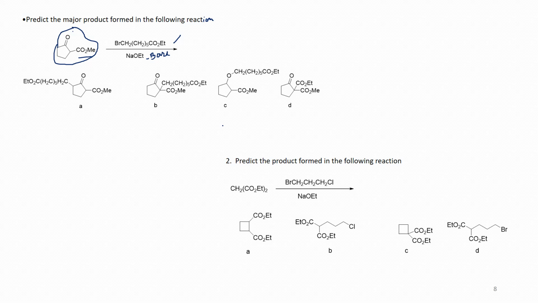So let's try the first one. Here, as we said, base is added, and whenever there is a ketone with alpha hydrogen and you add base, first you should check whether there is a possibility of enol formation or not.